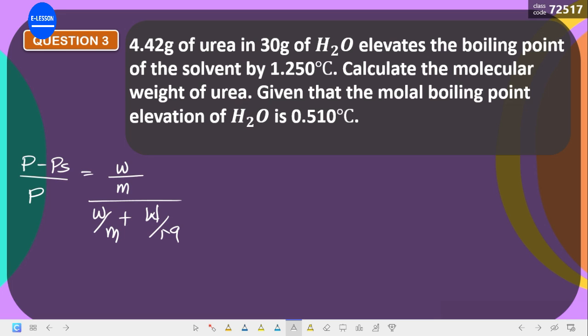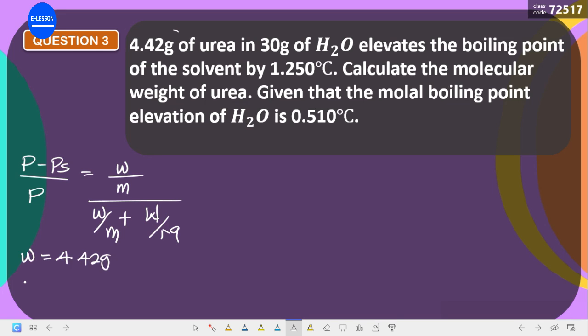Now let us bring out each of our parameters. Say 4.42 gram of urea in 30 gram of H2O. So which of them is the solute and which of them is the solvent? In this case, urea is the solute and H2O is the solvent. So the small w is the mass of solute. The mass of urea is 4.42 gram.